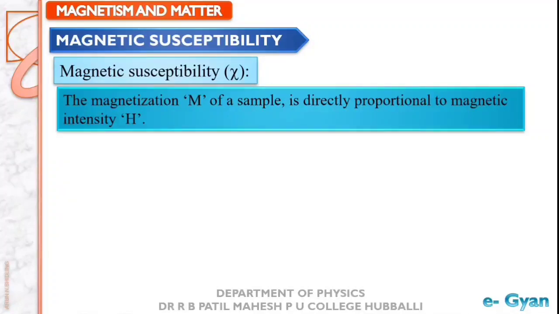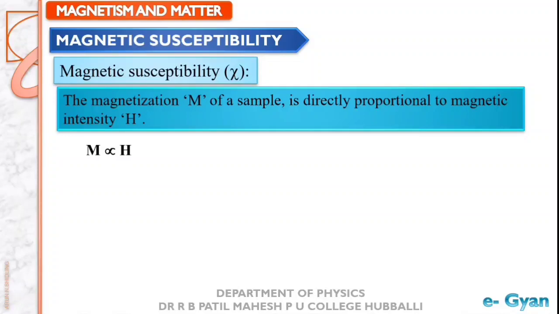The magnetization M of a sample is directly proportional to magnetic intensity, so we can write M is directly proportional to H. H is due to the external field which is trying to magnetize a material. It is an external agency which tries to create or align the magnetic dipole moments in a material, due to which the magnetization in the material will increase.